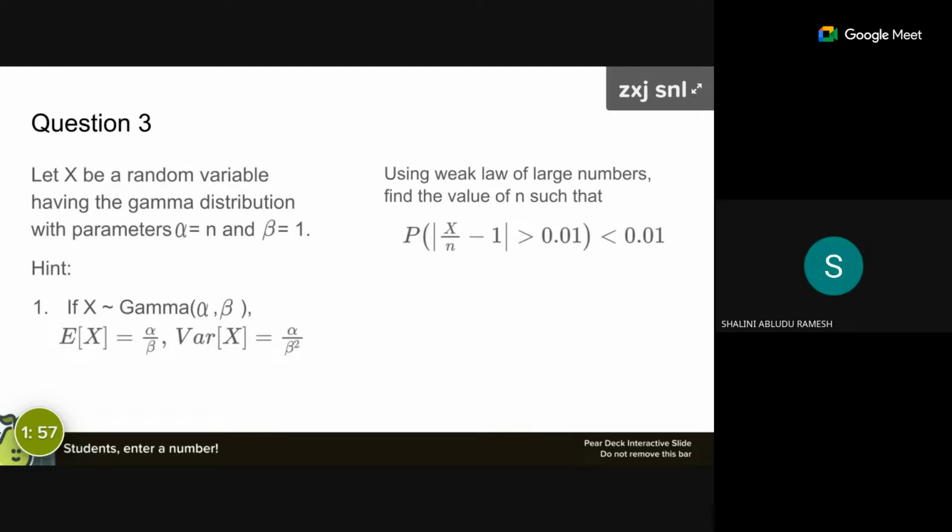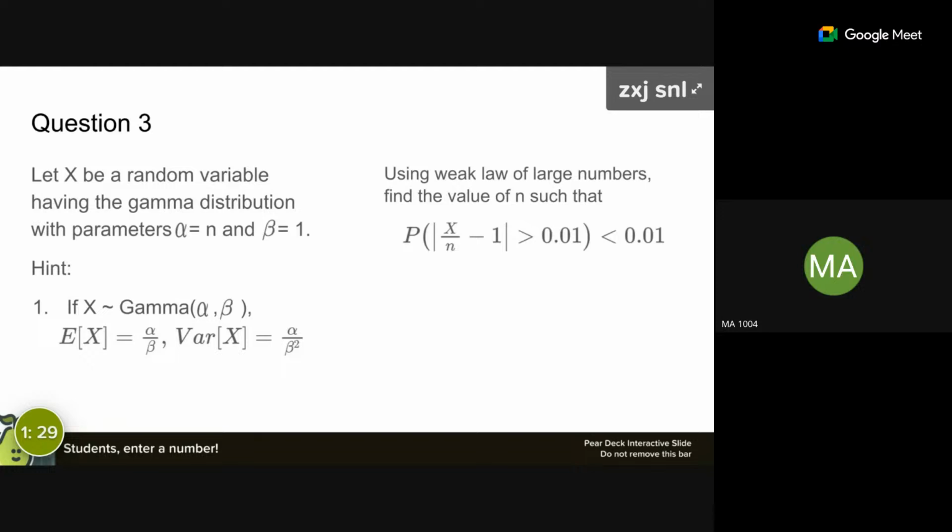No, ma'am. Sorry, ma'am. You got confused with this. Sum of n IID exponential distributions having parameter beta is a gamma distribution with alpha n and beta. Okay, ma'am. So that's why I questioned you.